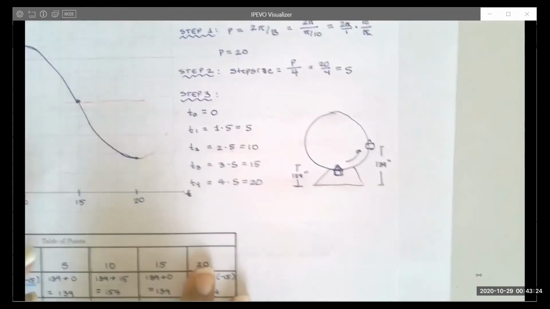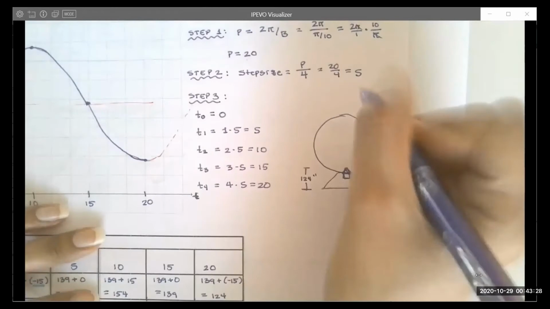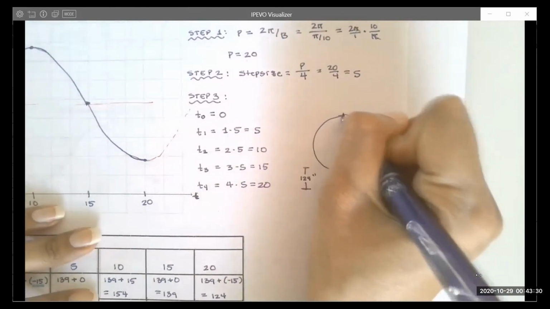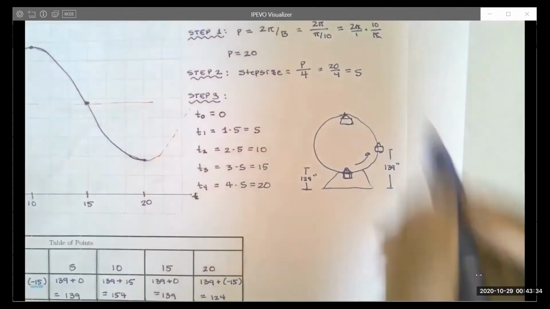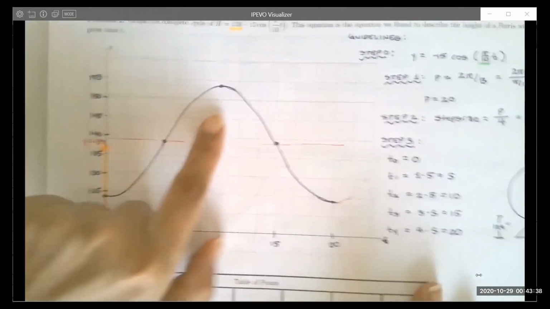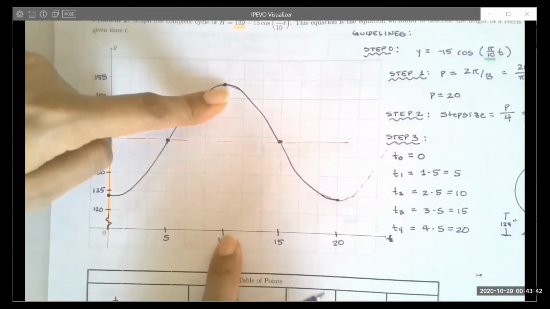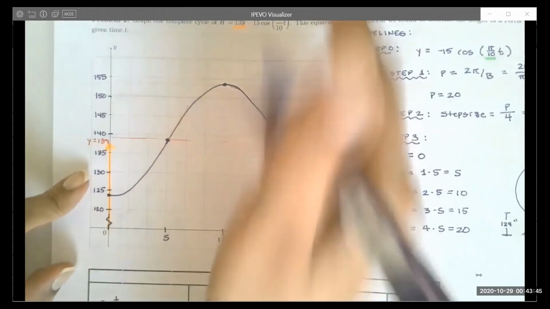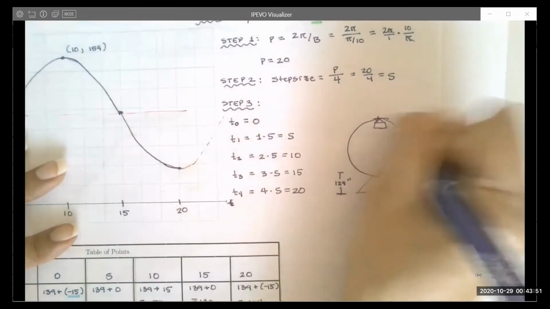Okay. Then at 2/4 of the way, which is halfway through the ride, you're at the top of the Ferris wheel. And at the top of the Ferris wheel, there's a maximum height of 154, right? So that happens at 10 minutes. So at 10 minutes, we're at height 154, which is up here.